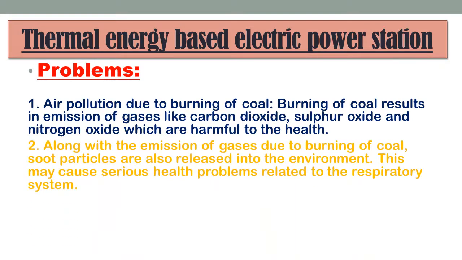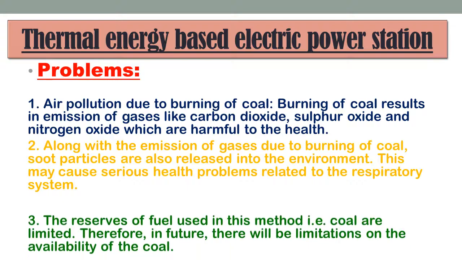And next, along with the emission of gases due to the burning of coal, soot particles are also released into the environment, and this may cause serious health problems related to the respiratory system. So due to soot particles, respiratory problems arise in human beings.